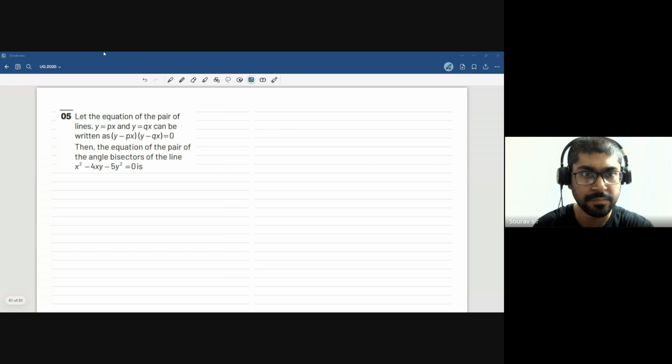Yes. What are they asking? Let the equation for the pair of the lines y equal to px and y equal to qx be written as y minus px into y minus qx equal to 0. All right. So this is the equation of two lines together. Then the equation of the pair of the angle bisectors of the line x square minus 4xy minus 5y square. So this can be factorized, right?